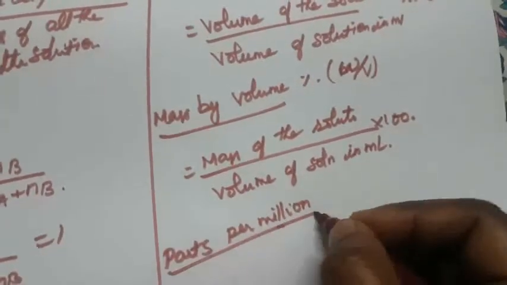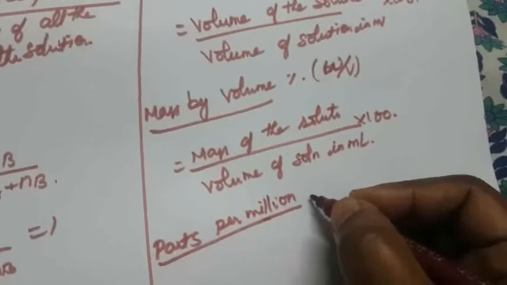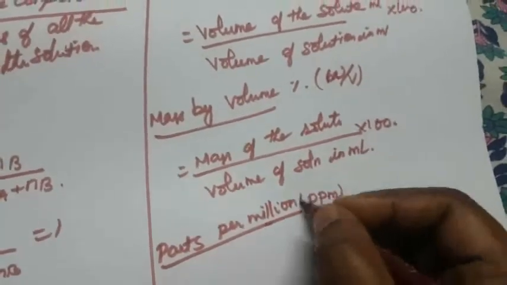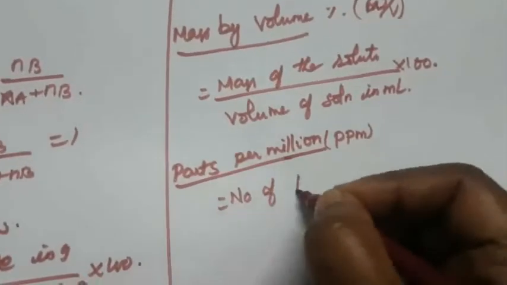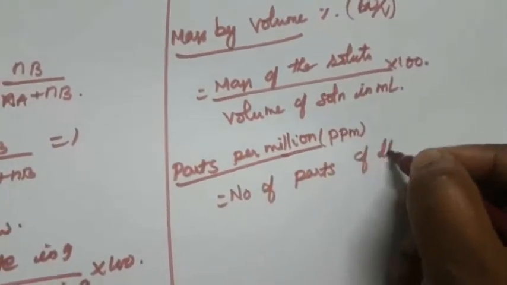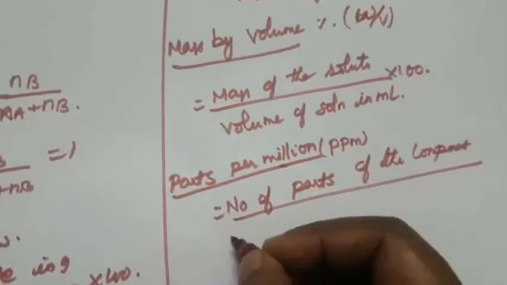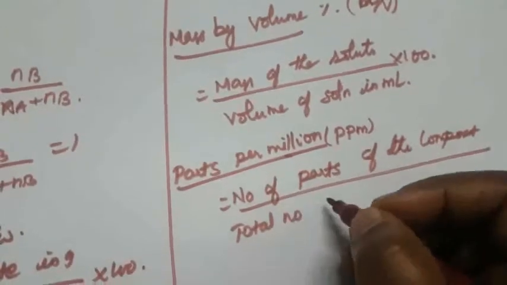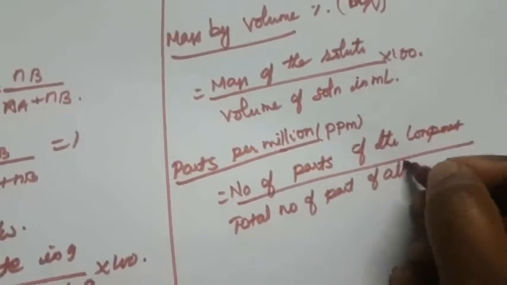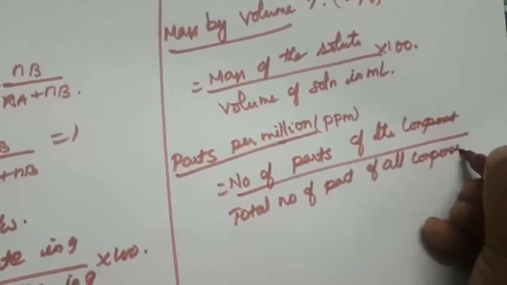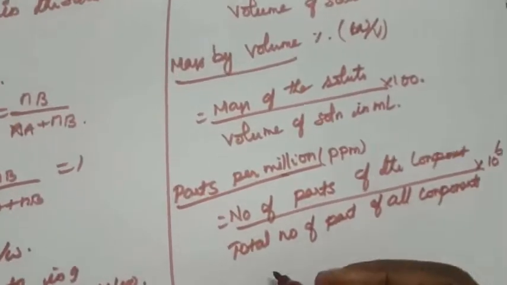Already I said that we can measure the solubility of water using ppm. So ppm is the number of parts of the component divided by the total number of parts of all components, into 10 power 6.